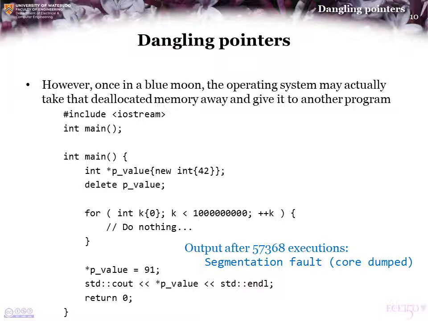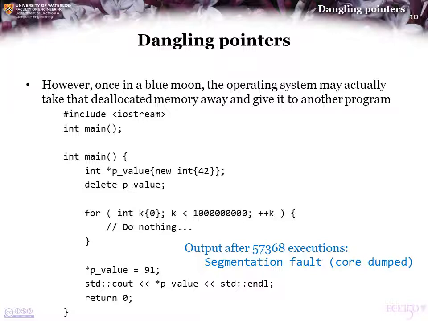Now, I've said before that there's always the possibility that between deleting a pointer and trying to assign to it, the operating system may take that memory away from you. Just to show you how seldom it is, here I have an example. p_value is assigned the address of a dynamically allocated integer.